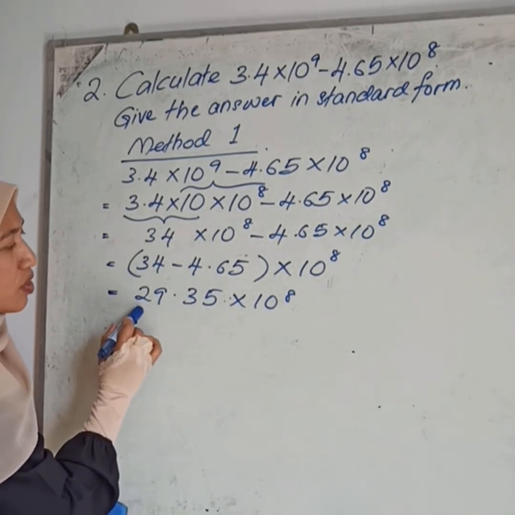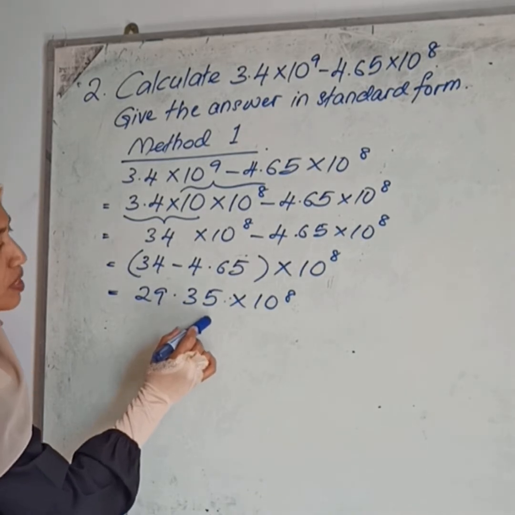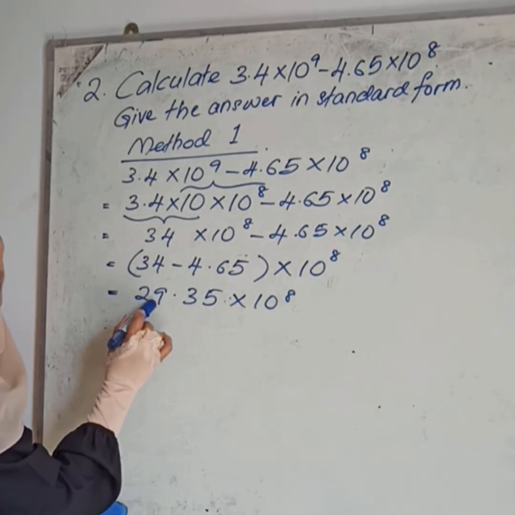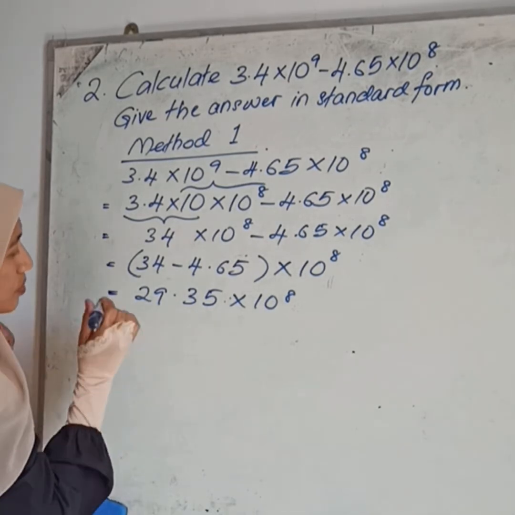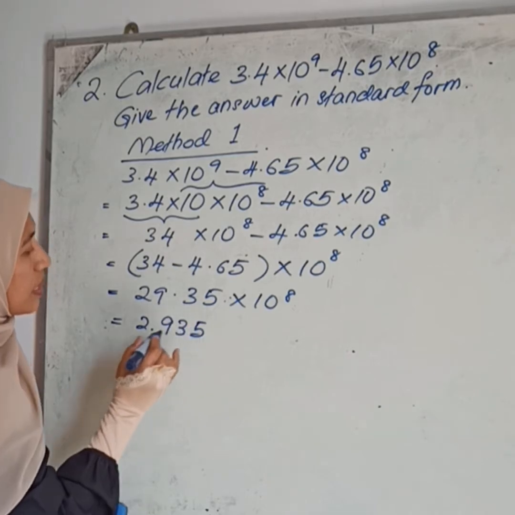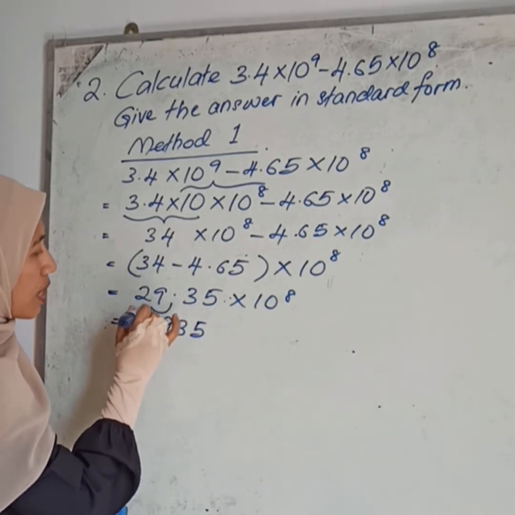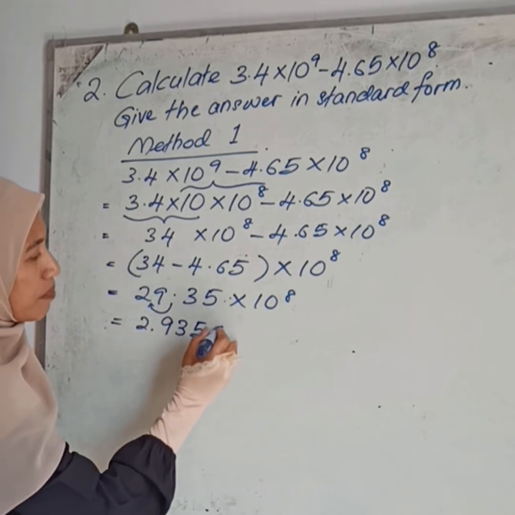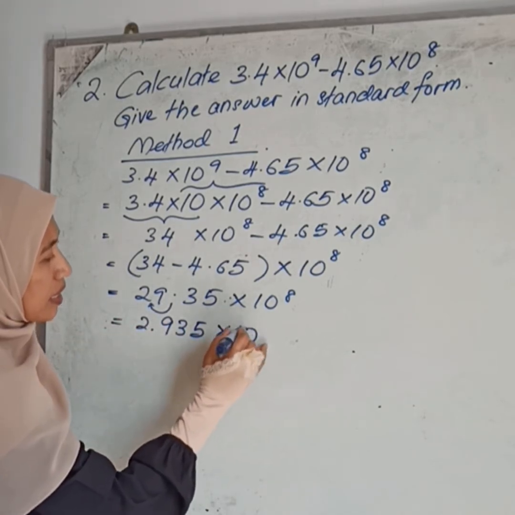29.35 is not a standard form. So we have to move the decimal to the left one step, so 2.935. When we move one step to the left, we have to multiply by 10.